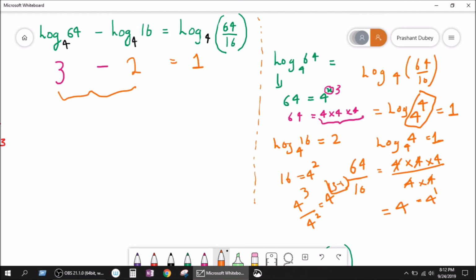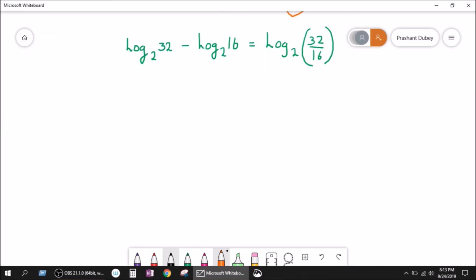So when we subtract the powers, we divide the base or the product of the bases. That's the simple concept.